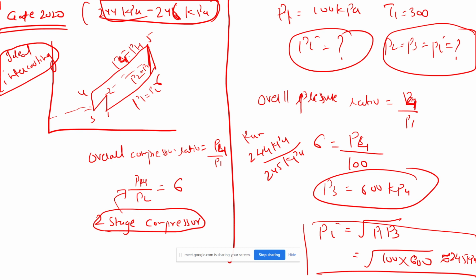They will ask concept questions like the ones we mentioned in the class, what is perfect reheating, perfect intercooling. If you remember all those, then you can easily answer.